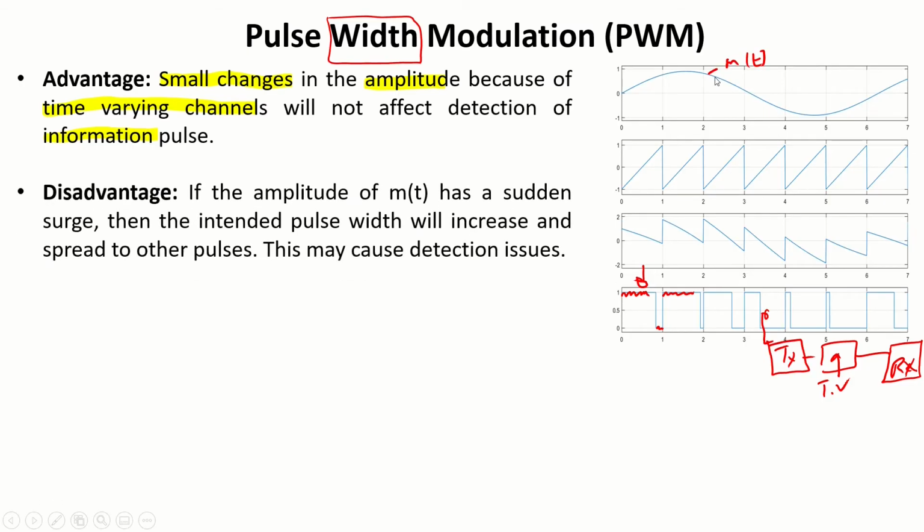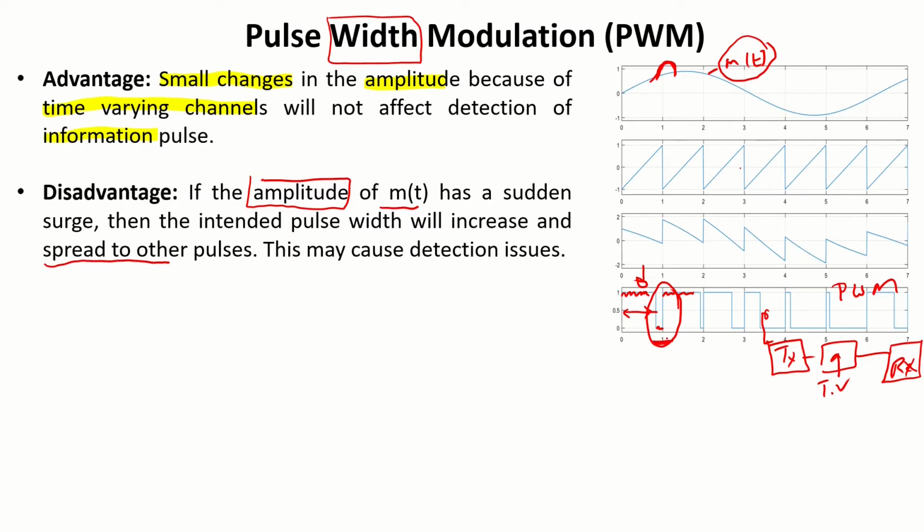When it comes to the disadvantage of PWM, we know that the message signal and its amplitude determine the width of the PWM signal. So if this amplitude has a sudden surge, for example, over here, we would have some difficulty in detection because the modulation would be spreading to other pulses.